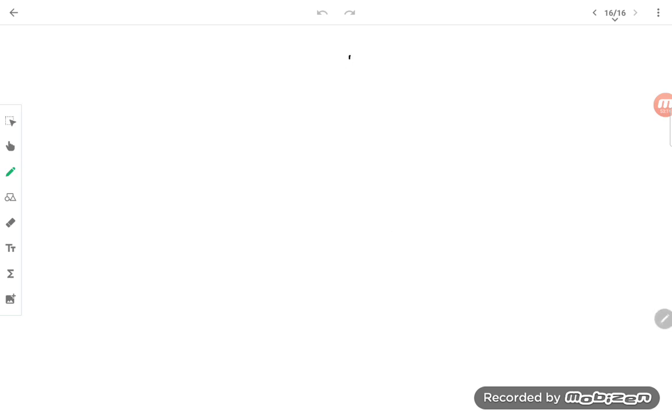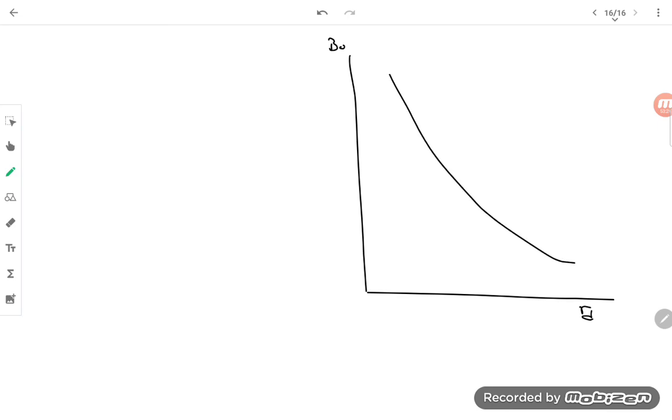So this means that there is a negative relationship between required rate of return and bond value.